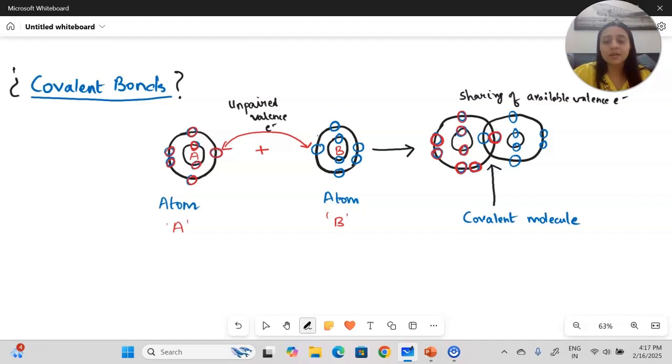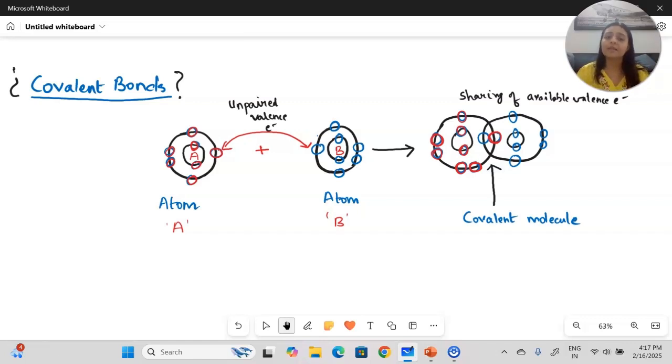So in this way, by sharing the available valence electrons, they can make the covalent bond, and by forming the covalent bond, they make themselves stabilized. So a covalent bond is the formation between 2 atoms where the 2 atoms share their valence electrons to make themselves stabilized. Carbon has this property strongly.